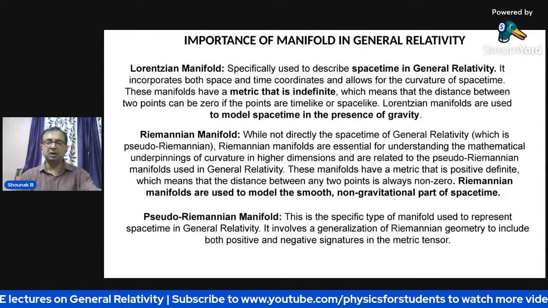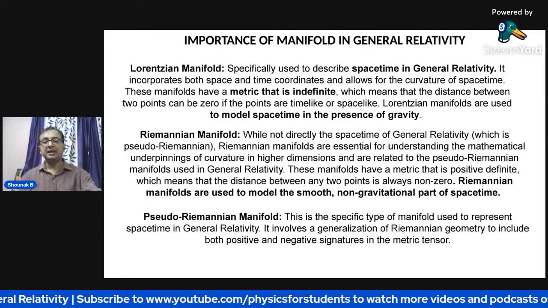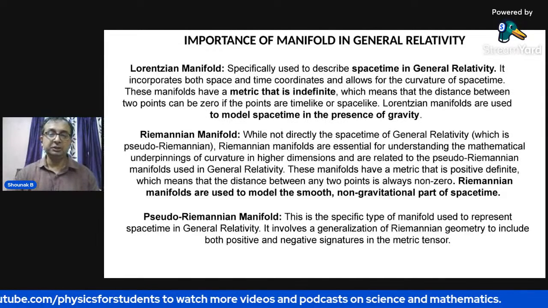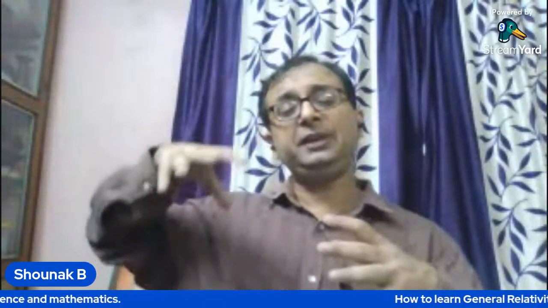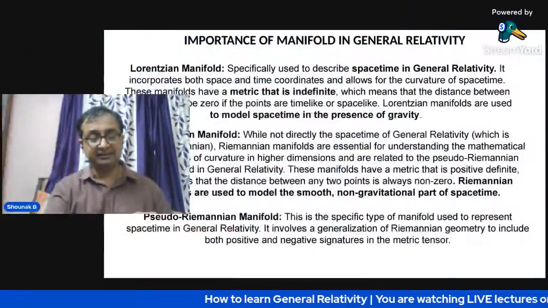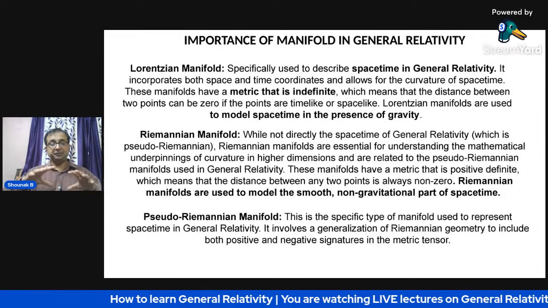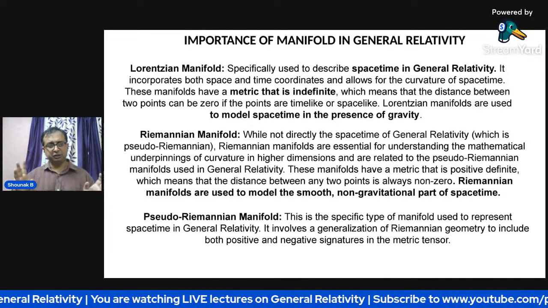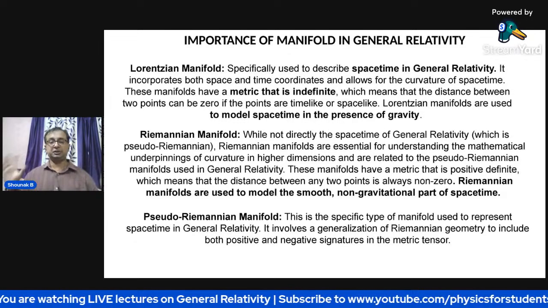First is what is called the Lorentzian manifold. This is specifically used for Einstein's space-time in general relativity. I hope somebody, Dhruva or someone, is asking why nature is covariant, why we have to follow the Lorentz transformation, Lorentz boost, etc. This is the reason: if you take the covariant theory of gravity, the covariant nature of gravity, then it has to be a Lorentzian manifold.